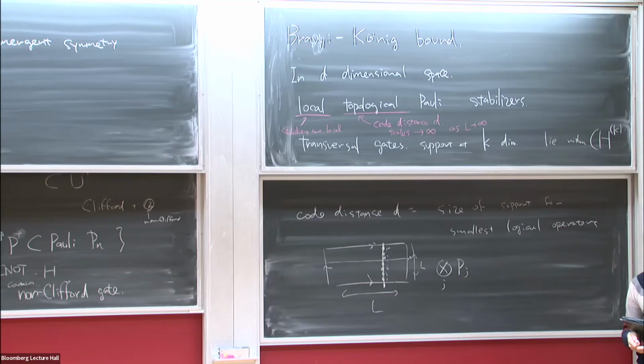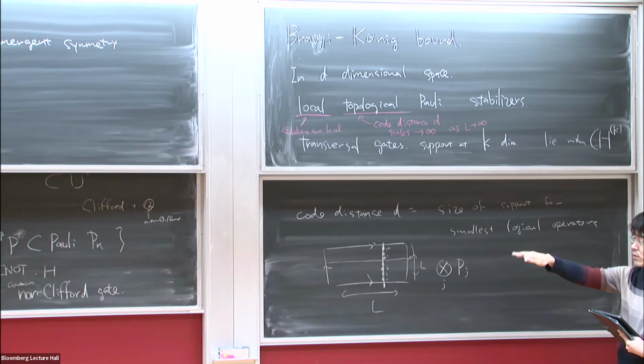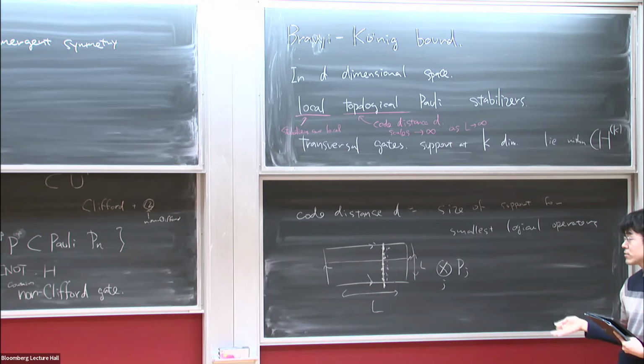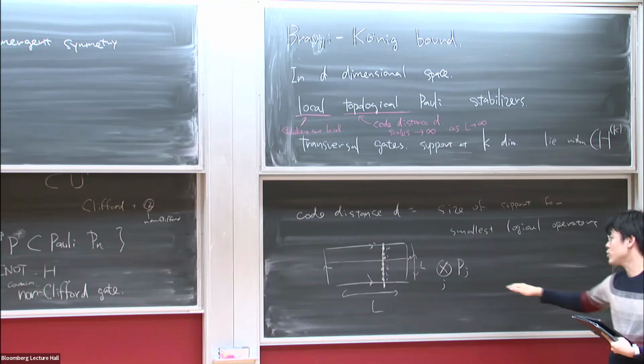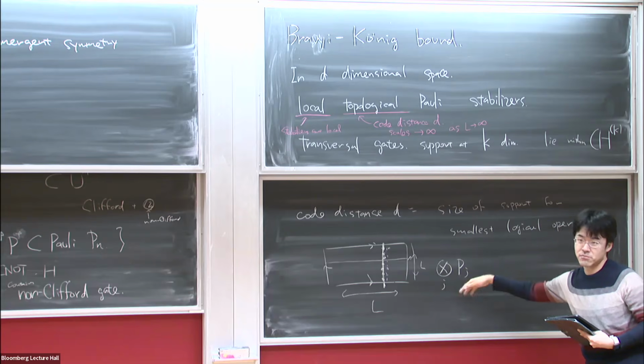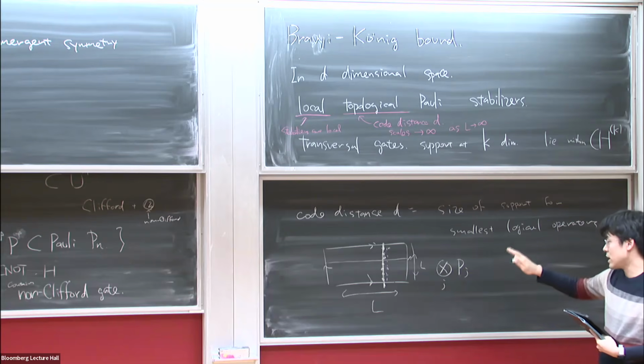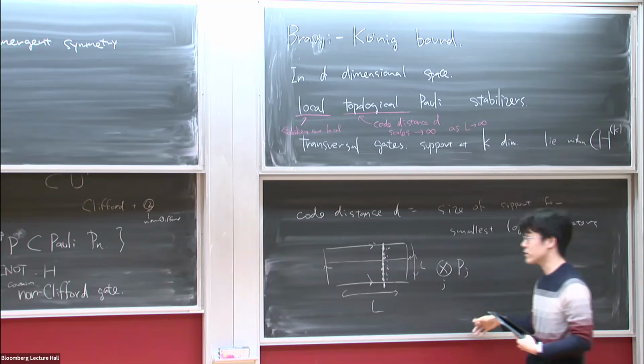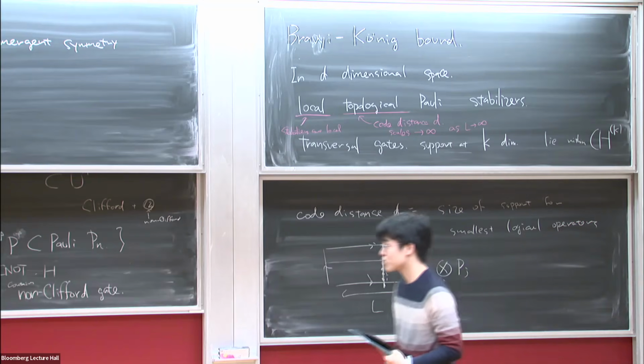There's no relation. But practically, in many cases, if you want to implement the logical Clifford gate, we sometimes need local non-Clifford operators, but I'm not sure about the general relationship between them.